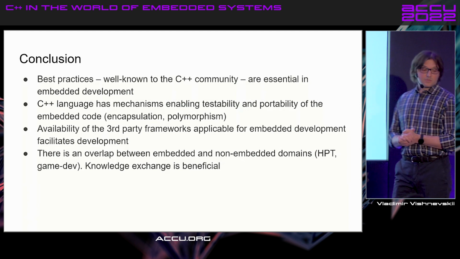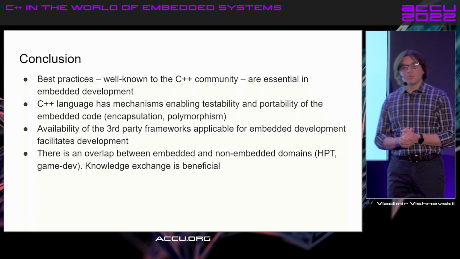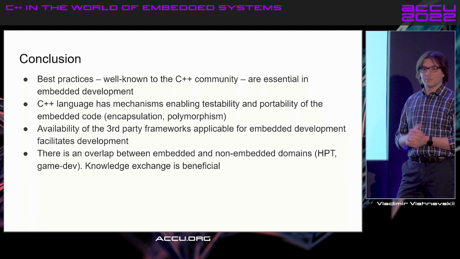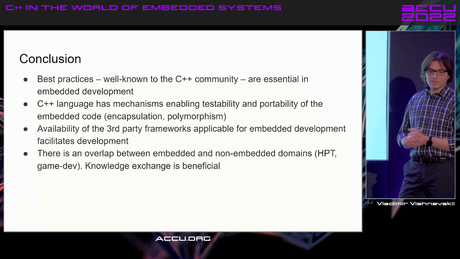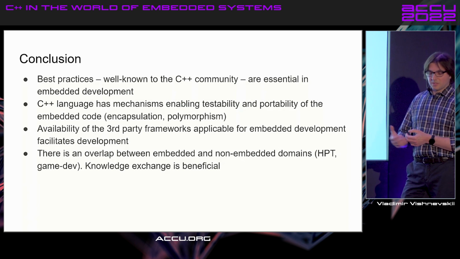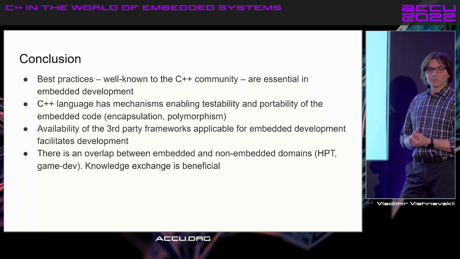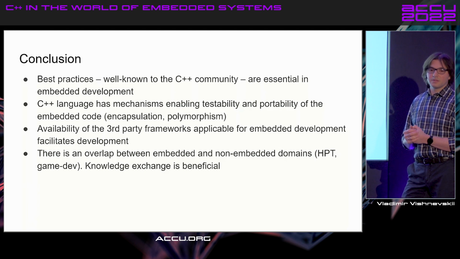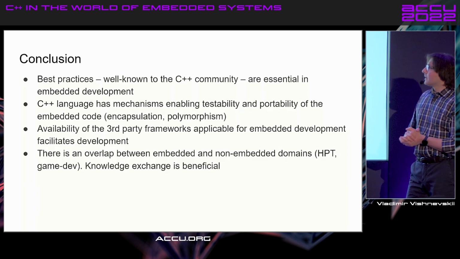Third-party frameworks can enable developers in embedded areas to write quite modern code, while still avoiding the limitations that are imposed by the realities of the task they are working on or by the standards.